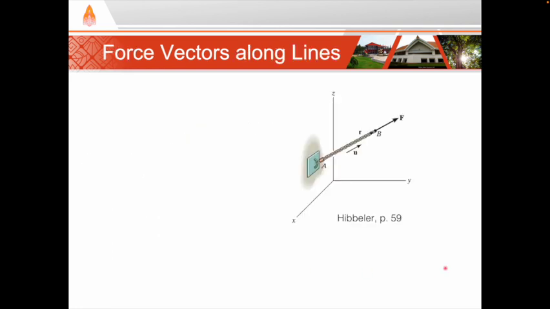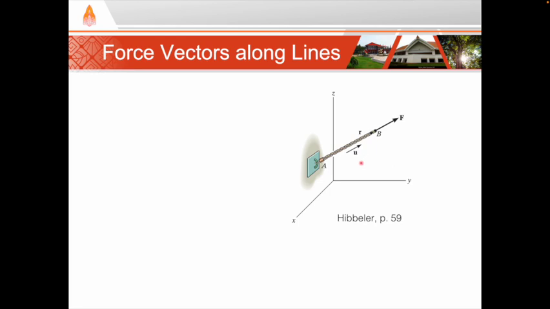Many times, the direction of a force is specified by 2 points through which the line of force acts. For example, there may be a chain. We know that the chain has tension in it, acting along the direction of the chain. If we can find the position vector r, and we know the magnitude of the force, then we can find the force vector acting along that line.